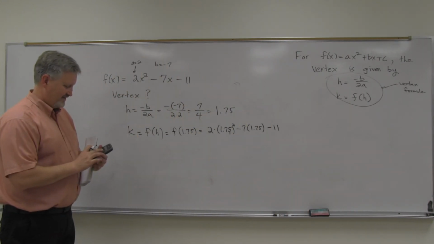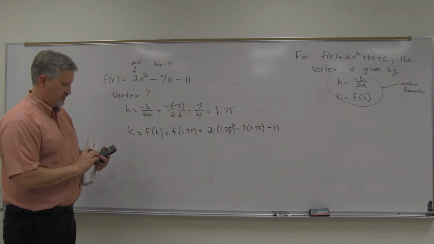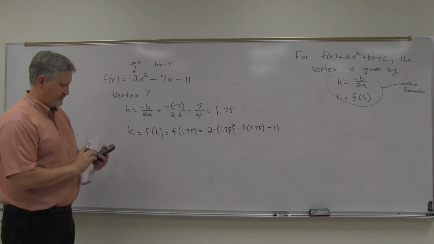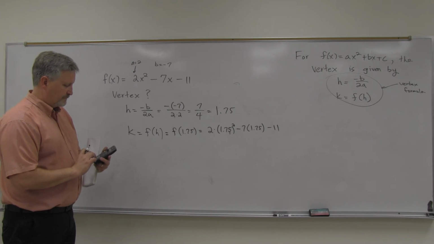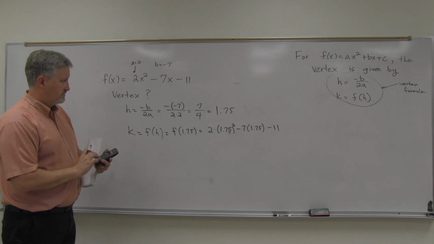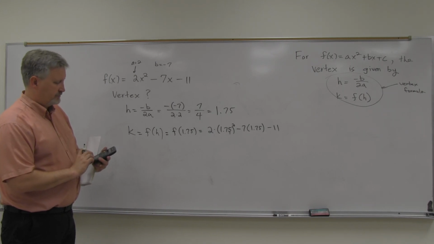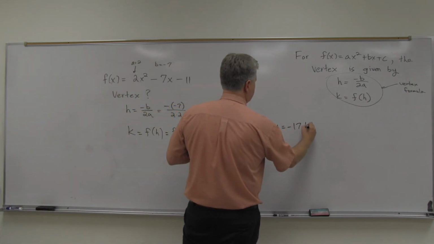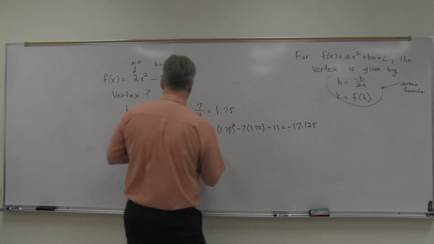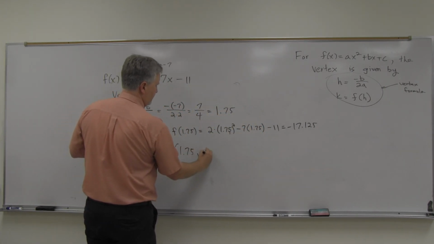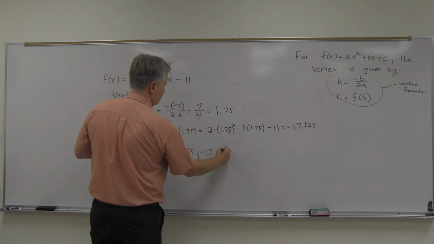That gives me negative 17.125. So that's my vertex: 1.75, negative 17.125.